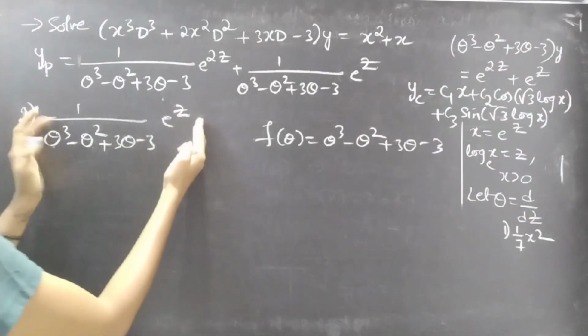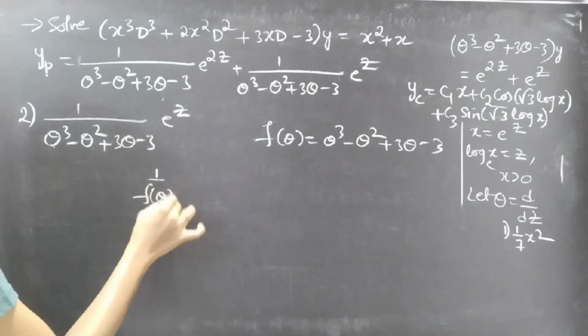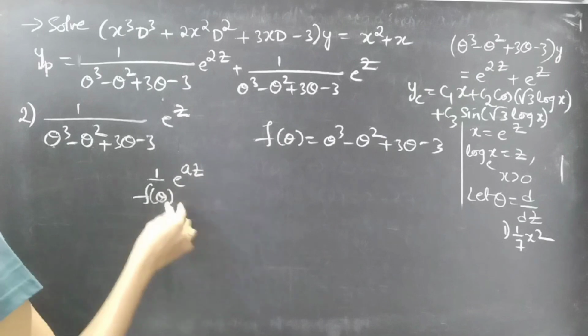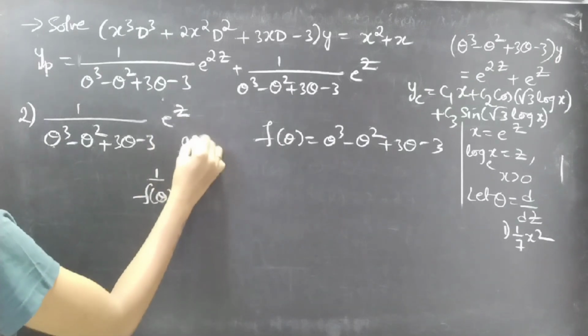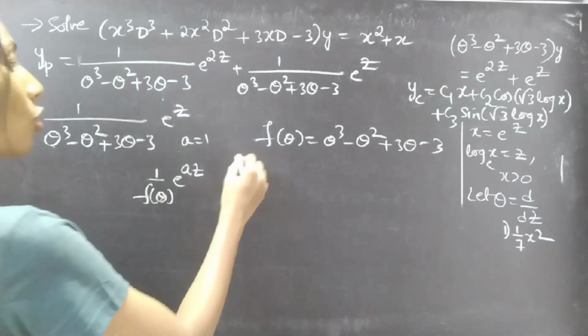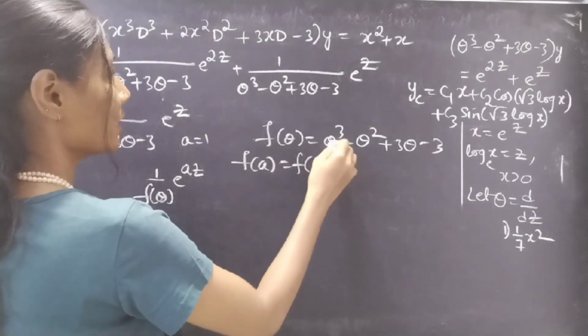See, the second term is of 1 by f of theta into e power az form, right? Now compare e power z with e power az. Then a equals 1, and we'll find f of a, f of a equals f of 1. Just replace theta by 1 here.